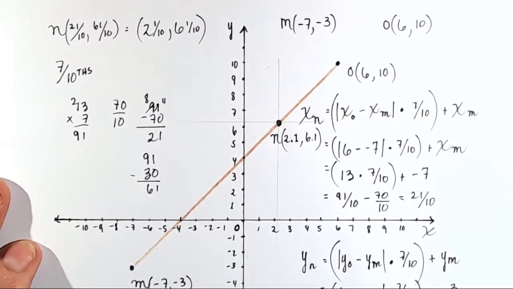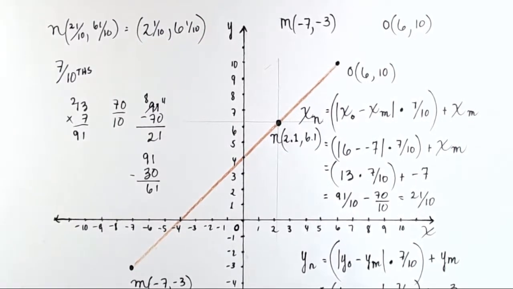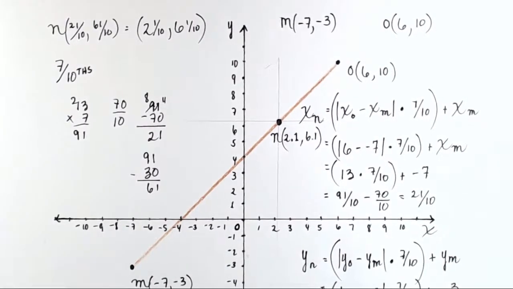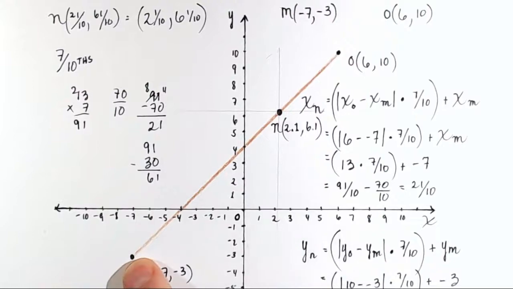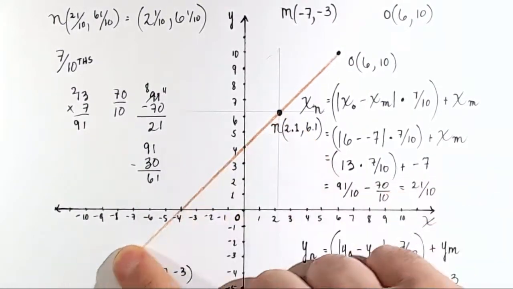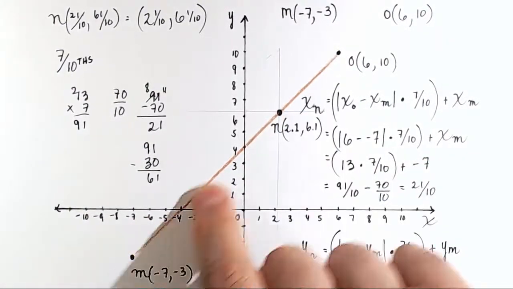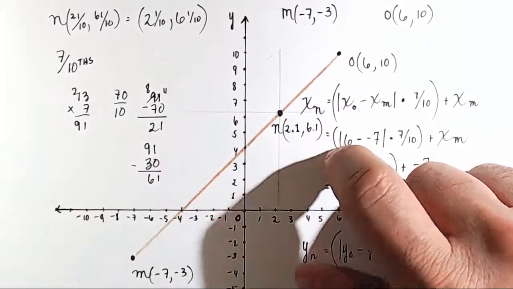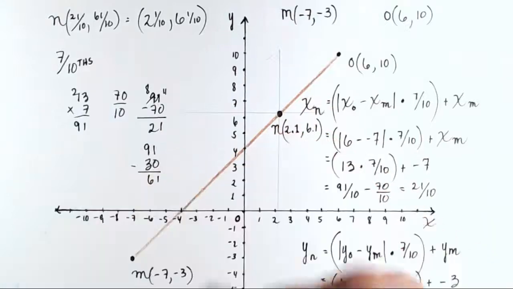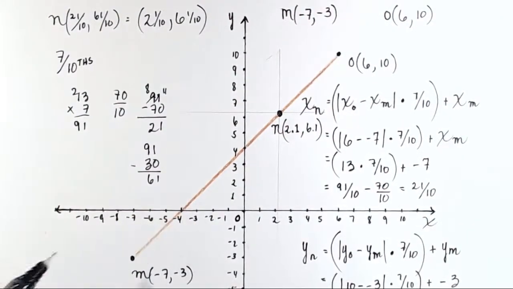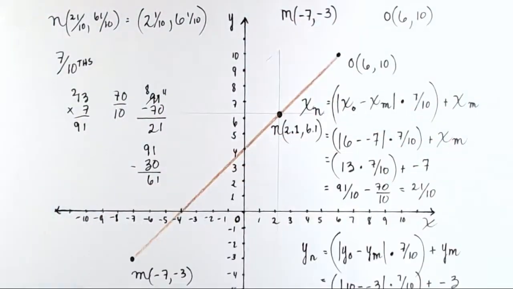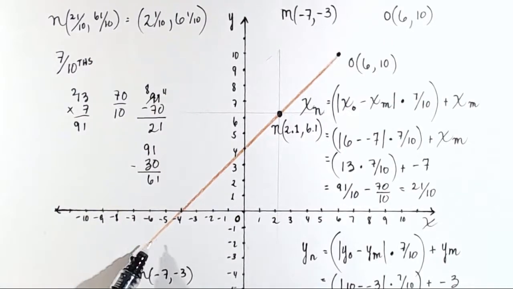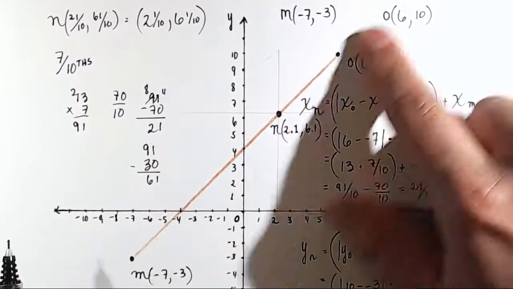Now, guys, think about it. Whenever you're asked to find fractional distance, you've got to ask, well, where am I starting from? Because look, 7/10 of the distance along this line from M to O will put you at a different location than if you were traveling in the other direction. You would be somewhere down here, right? Imagine you're in a car driving on a road and you're going somewhere.